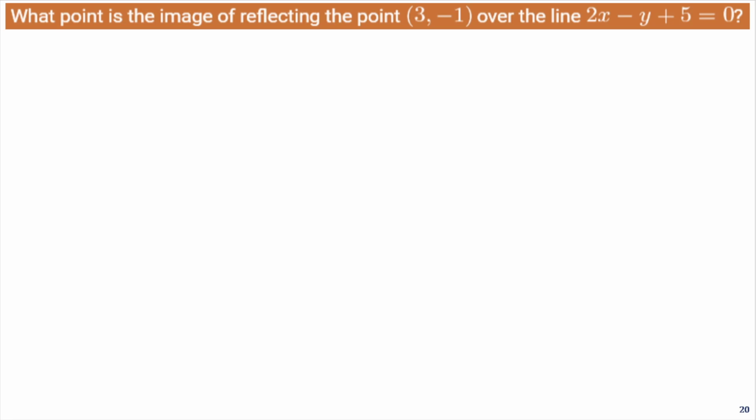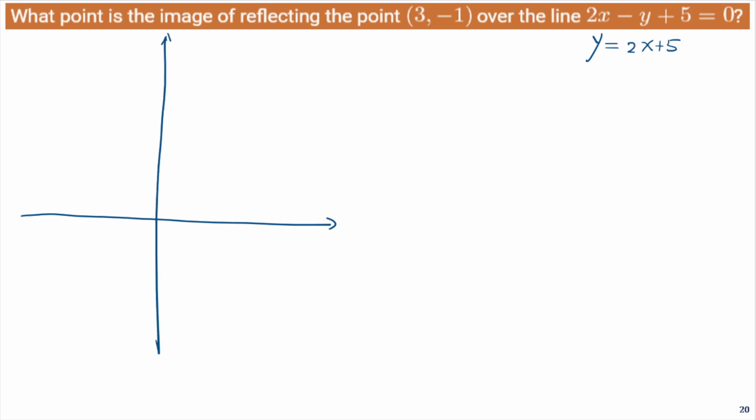Okay, so first of all, let's find where this line is on the coordinates. First of all, we can convert it to slope-intercept form. So this line is y equals 2x plus 5. And this will help us to see where this line is. When x equals 0, y equals 5.